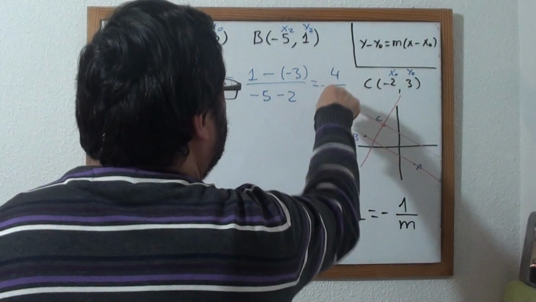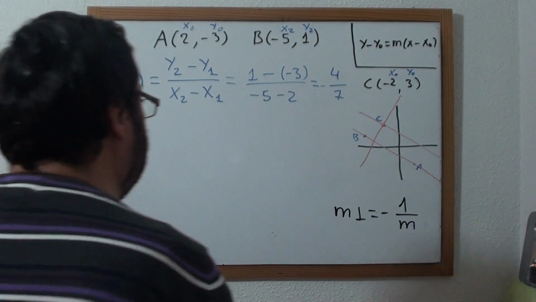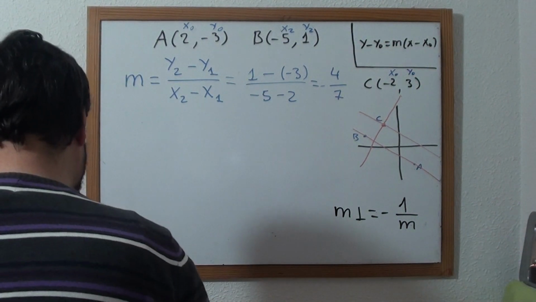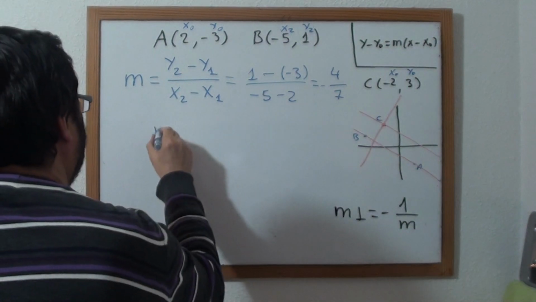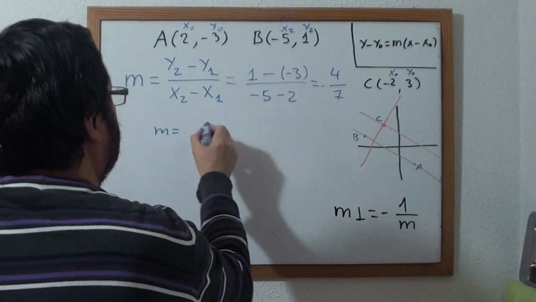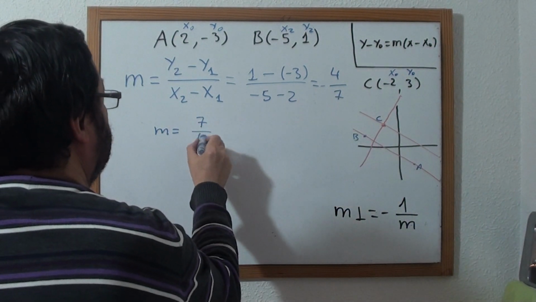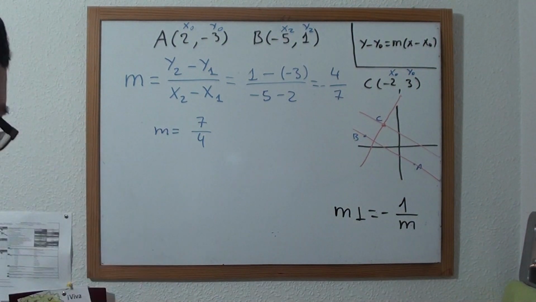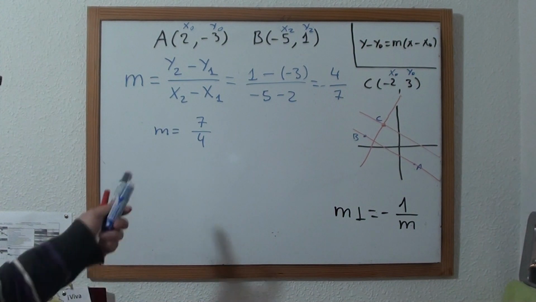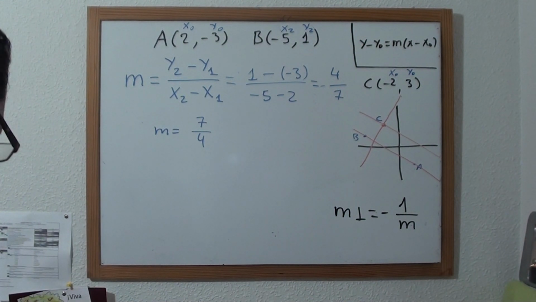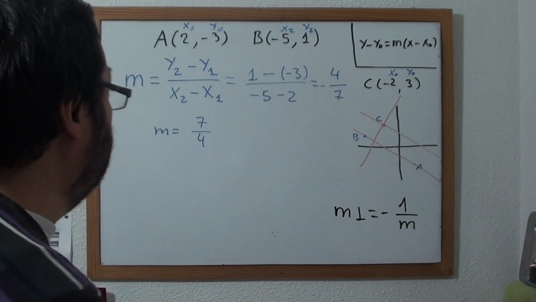So instead of minus 4/7, m would be, change the sign, plus, and reverse the fraction, plus 7/4. Okay? Positive 7/4.